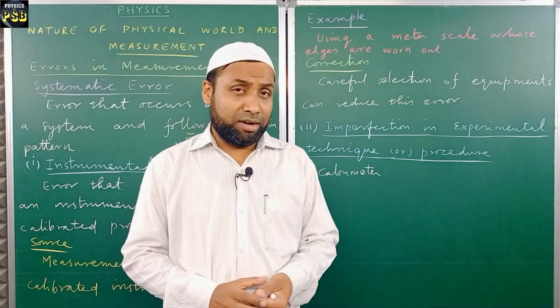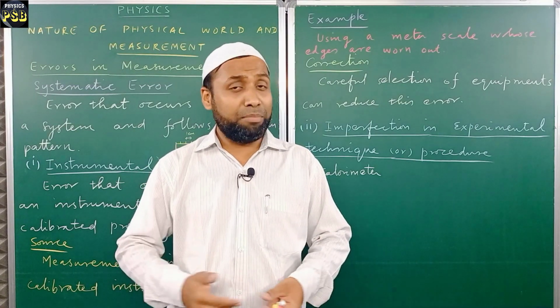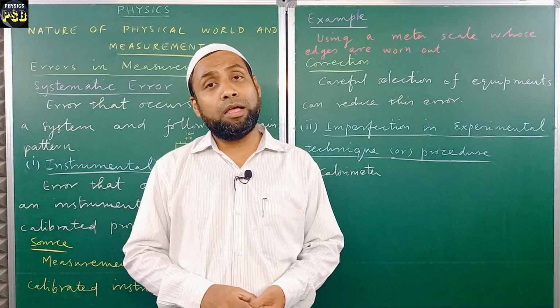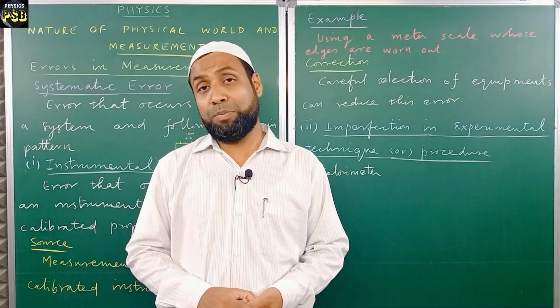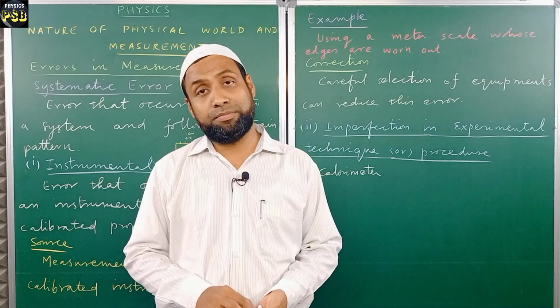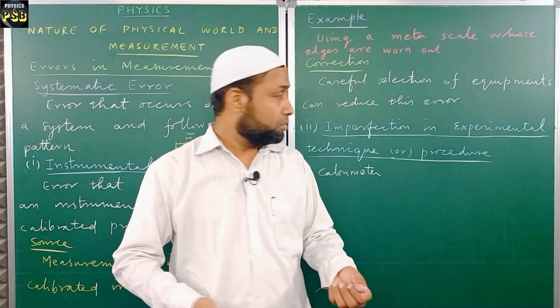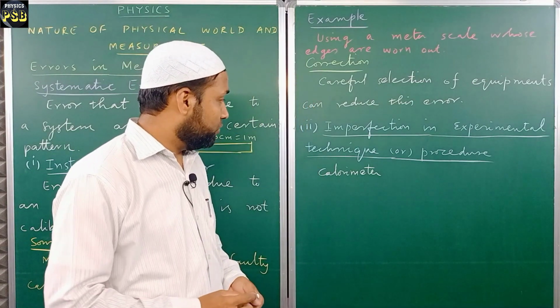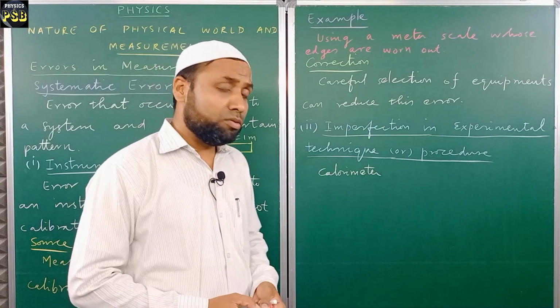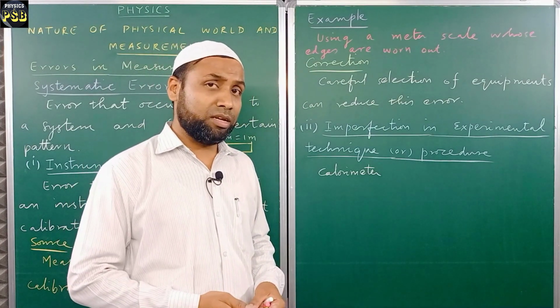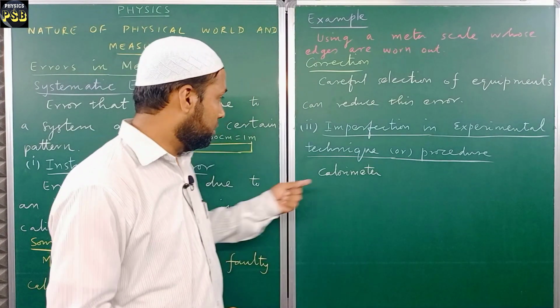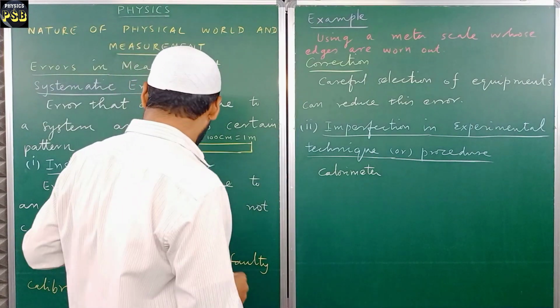So this kind of error can be avoided if we replace the equipment with a good one. Clear? So the correction is very simple here. What we need to do? We need to change the equipment with a better one, as we did in the earlier case.